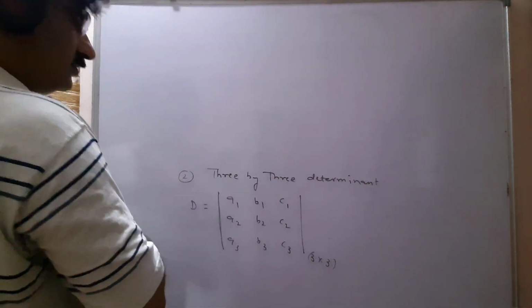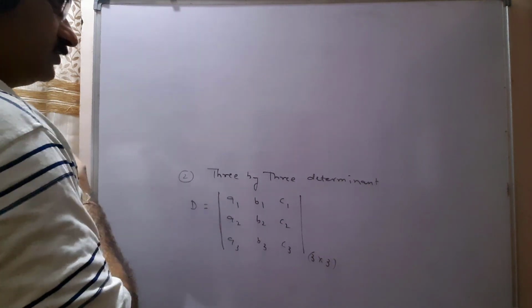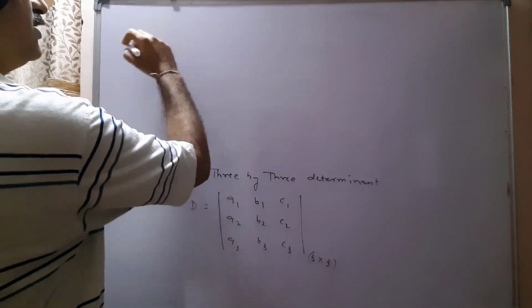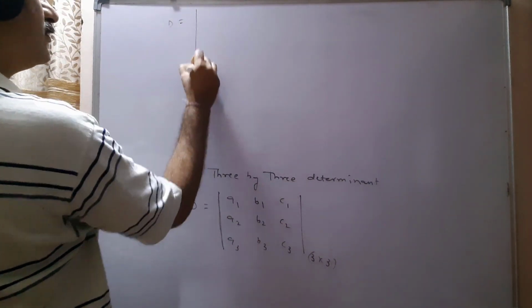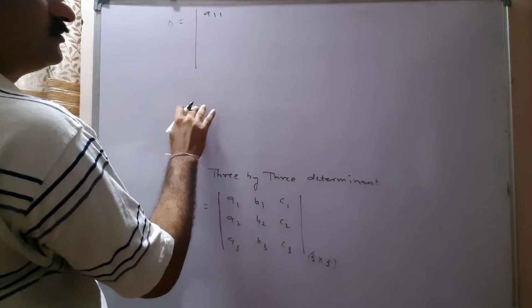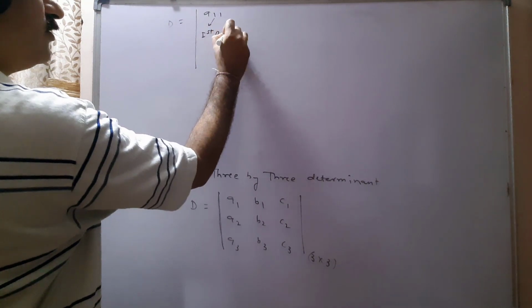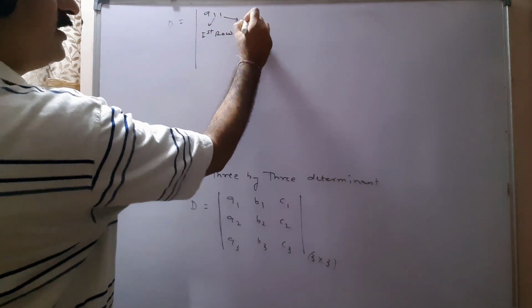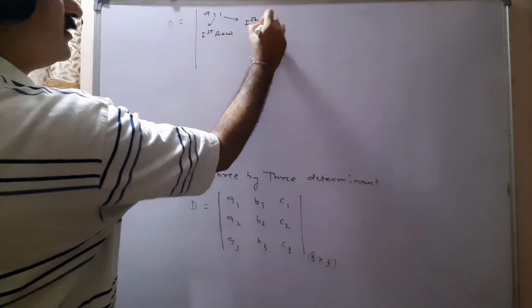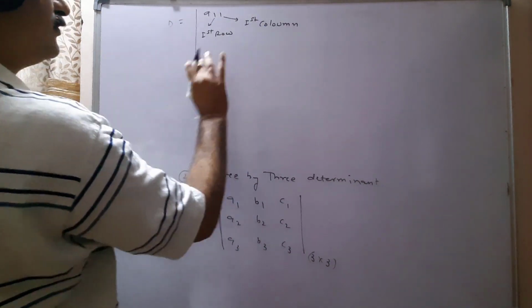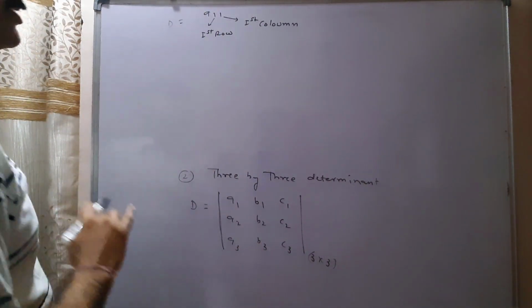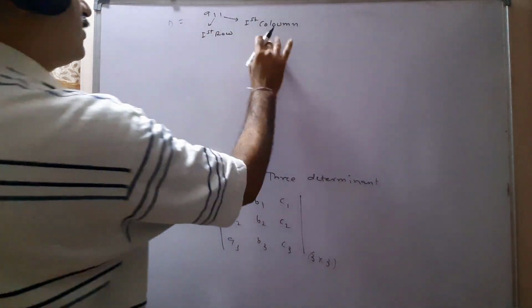Now we see the position of the elements, where they lie. Now in this case, A11 means first row, and the other number indicates first column. That is first row, first column.